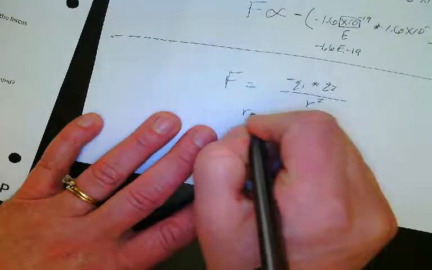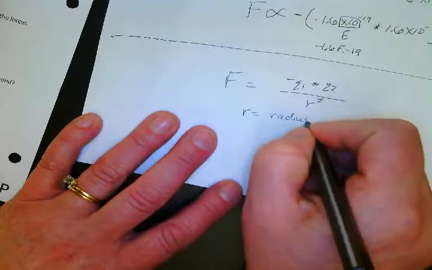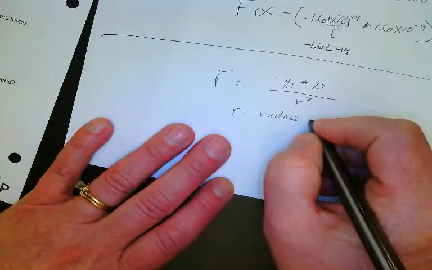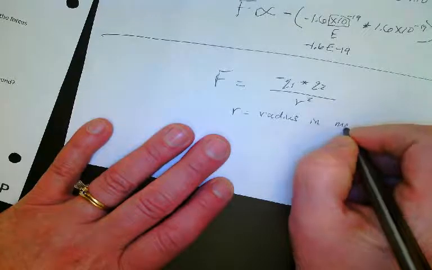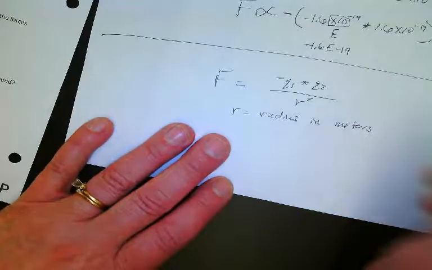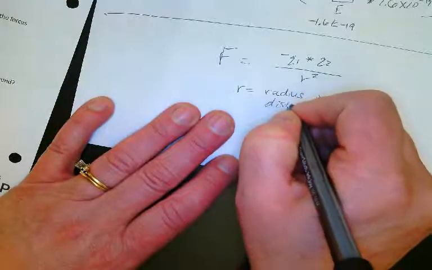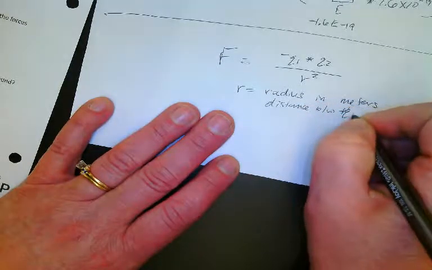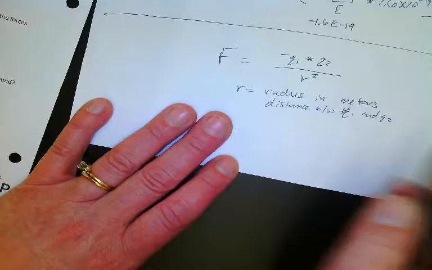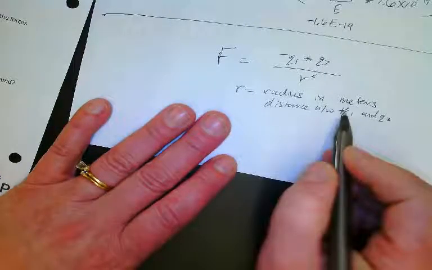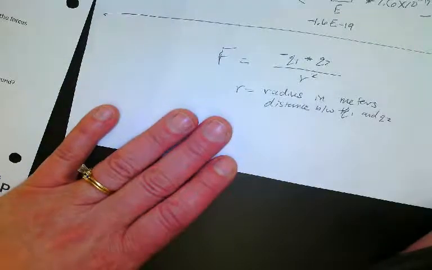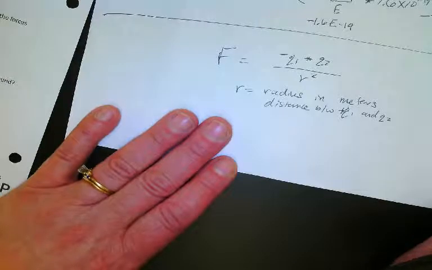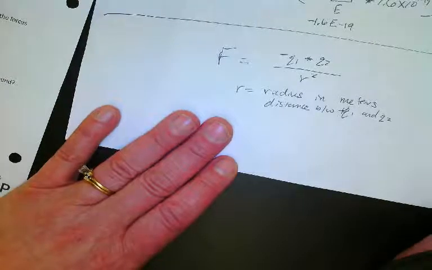R is the radius. And it needs to be in meters. And it is the distance between Q1 and Q2. So it's how far apart Q1 is from Q2. So this is not a factor that comes into play.